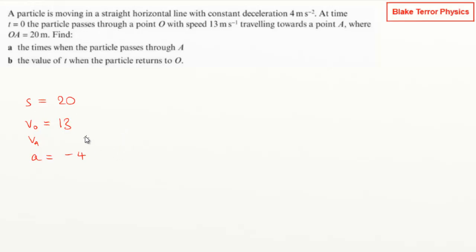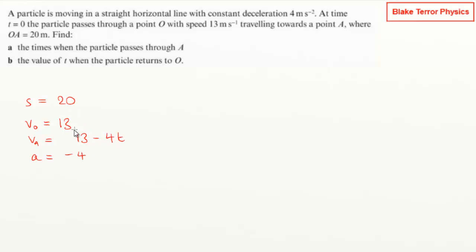And we'll see with this that we are going to be pretty much conjuring up our S equals UT plus a half AT squared equation, because we'll be saying that VA is going to be 13, and then we're adding on the accumulation of the acceleration. So we do -4 times t.